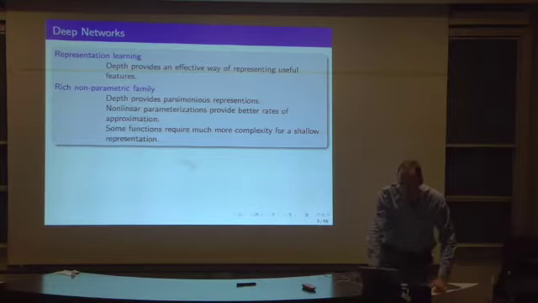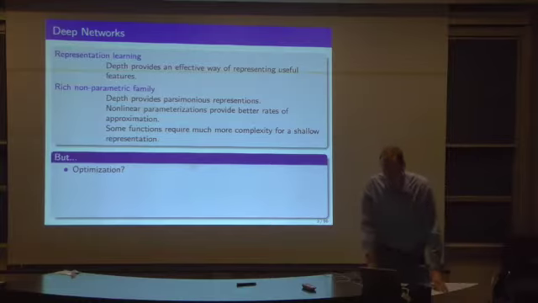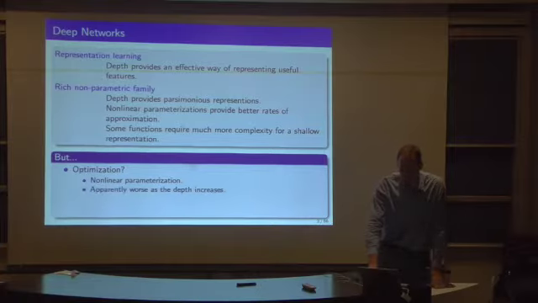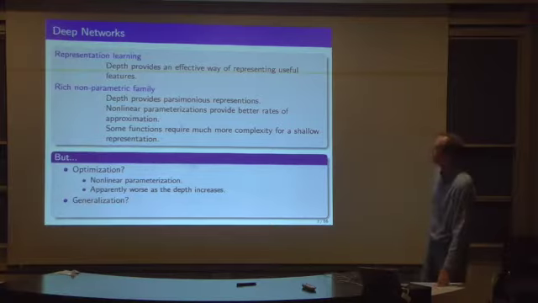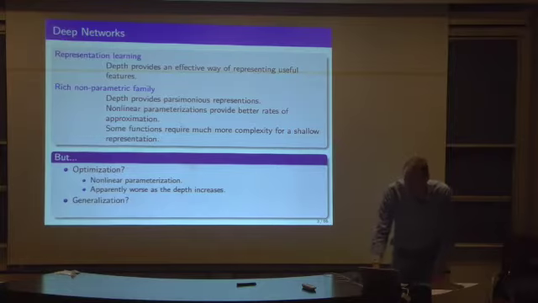But both of those things should give us some cause for concern. So with the optimization question, a nonlinear parameterization is something that we might expect to cause problems, and apparently we should think of it as likely to become worse as the depth increases. And if we have a very powerful way of representing a rich family of functions with few parameters, then again we should be concerned about the statistical consequences of that.